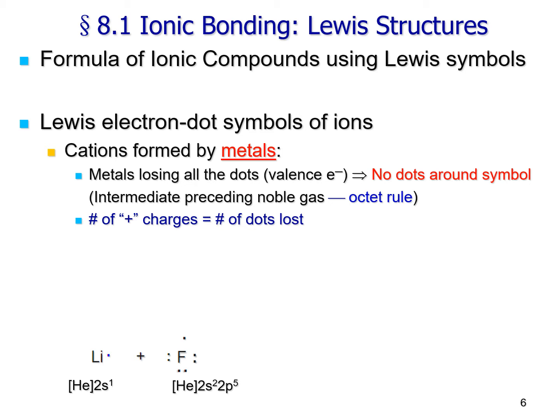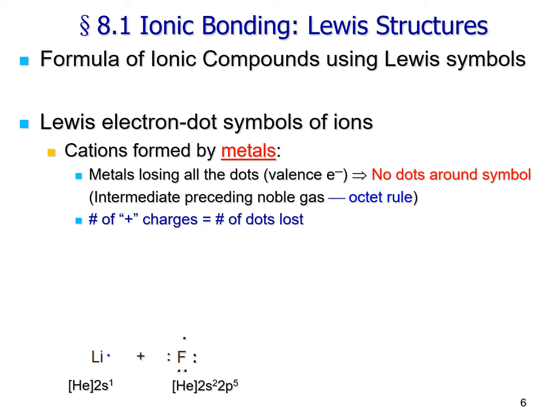So the metal is going to lose all the dots. There will be no dot whatsoever left around the symbol. In chapter 7, we understand that by losing valence electrons, the metal atom will have the immediately preceding noble gas as its core, which is the octet to satisfy.